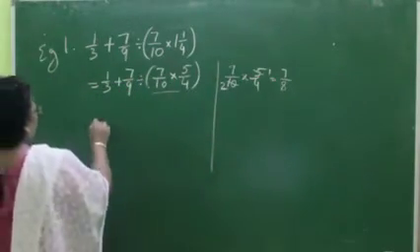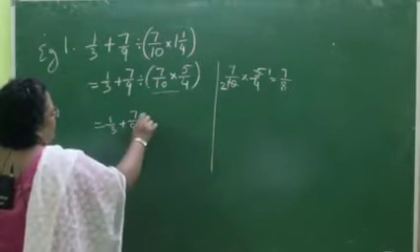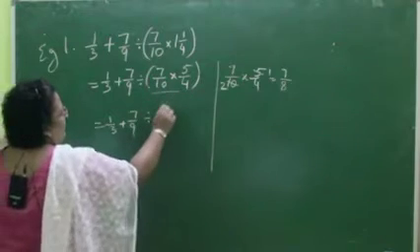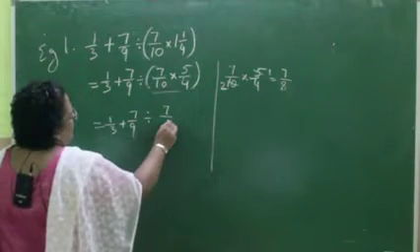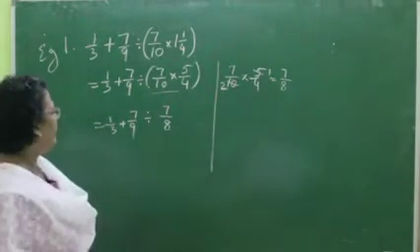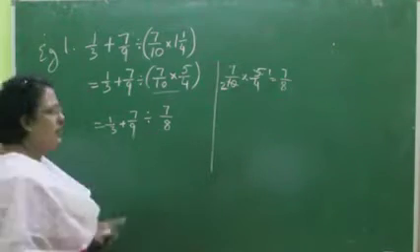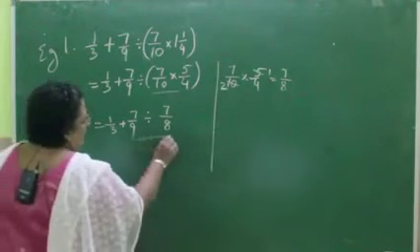So, here 1 by 3 plus 7 by 9 divided by, what did we get as the answer? 7 by 8. We got the answer as 7 by 8. Now, which operation do we have to do? We have to do the division operation. Okay, according to BODMAS, division you have to do.